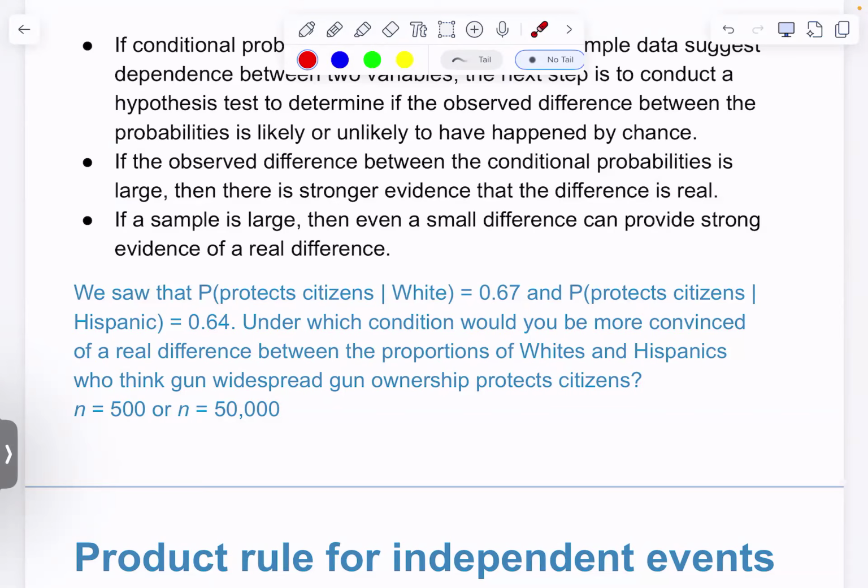And so under which condition would you be more convinced of a real difference between the proportions of whites and Hispanics who think widespread gun ownership protects citizens? At 500, okay, maybe, but I would be really convinced if they were talking about a sample of 50,000 and then they landed on these two proportions or percentages, then I would be convinced that there is a difference there.